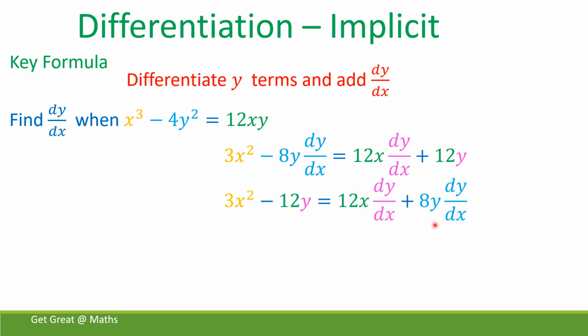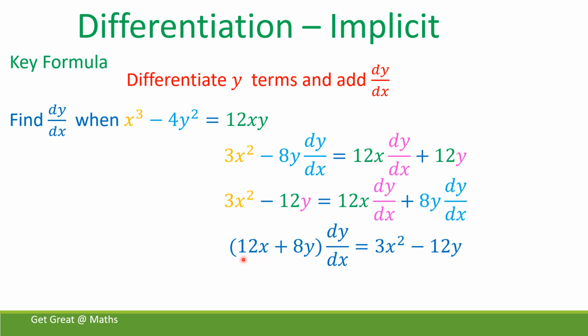I can now put my dy by dx terms together. So I've added 8y dy by dx to both sides, the blue term, and I've also subtracted this plus 12y from both sides. So my dy by dx terms are both on the right hand side. I'm going to factorise the right hand side and take a factor of dy by dx out on the right. I've written this over on the left hand side. You can swap the sides over.